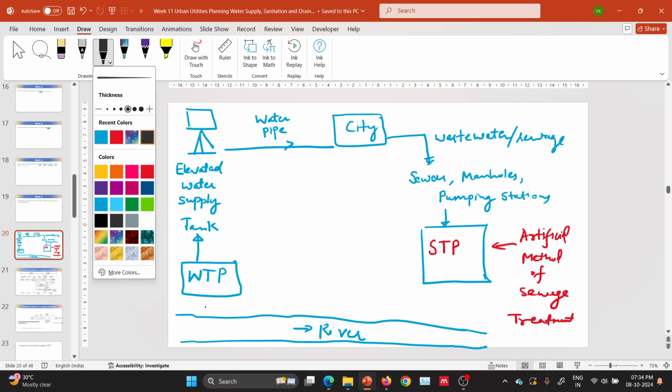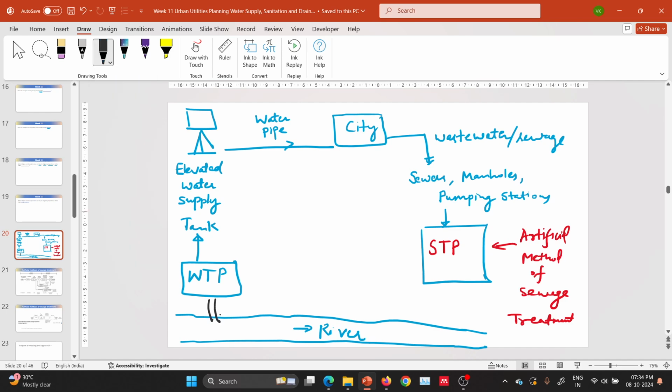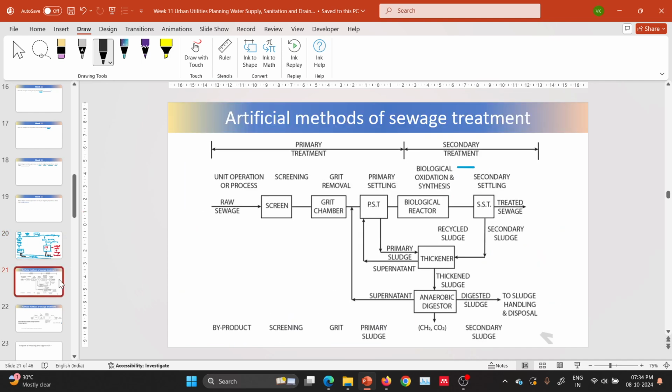From this river they are taking the water through intakes, treating it, and then from the sewage treatment plant they are discharging it. This is called the outfall sewer. This is the analogy. So let's now understand the artificial method of sewage treatment. Let us understand this flow chart, and then we can proceed.